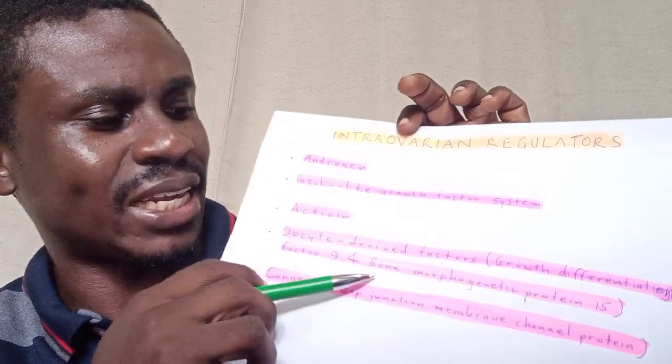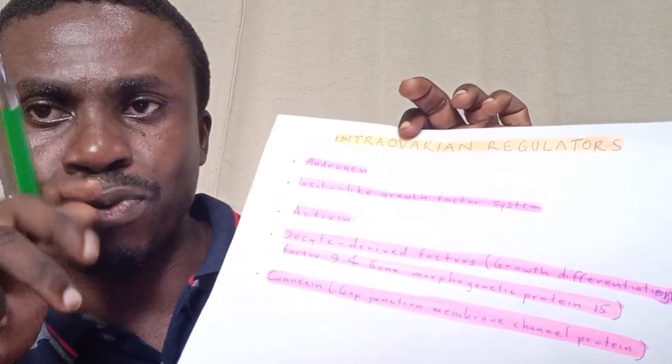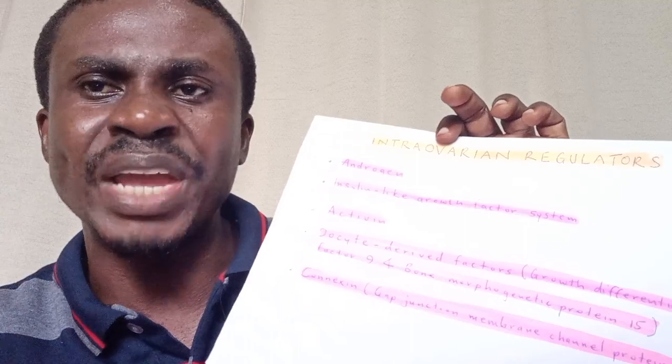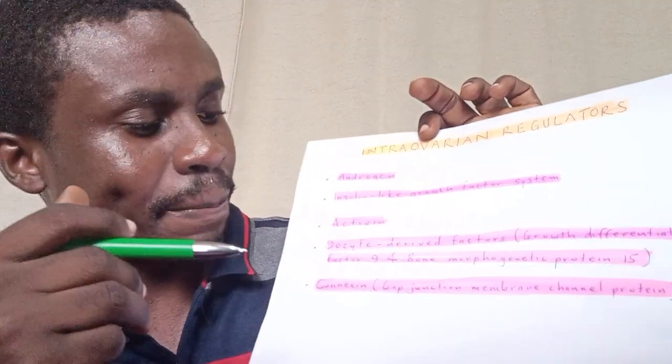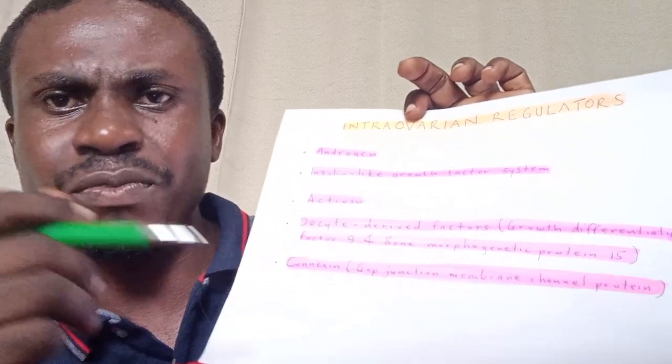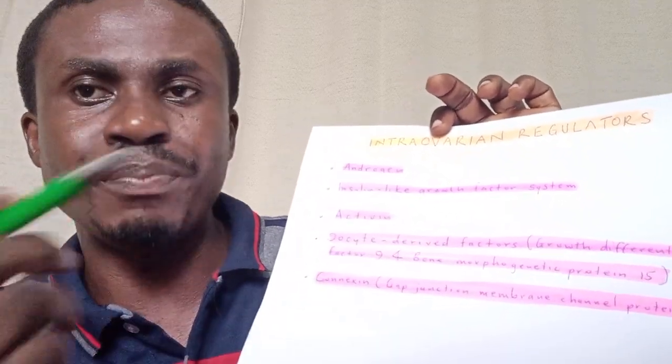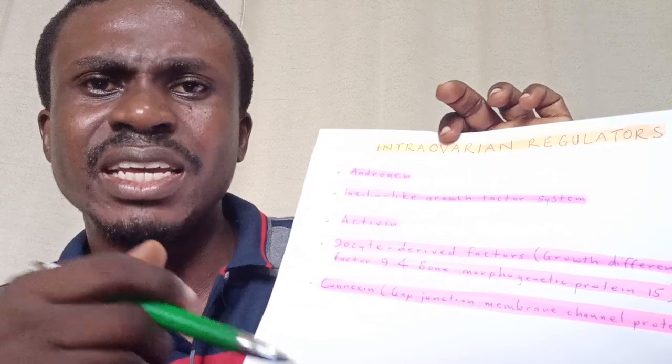But I'm also interested in the bone morphogenetic protein. Now, it's important in bone formation, but it's also relevant over here. Then, of course, connexin, which everyone knows, that is the gap junction membrane protein channel. Yes, transforming growth factor beta and what have you. They are all important local factors produced mainly by the granulosa cells and the theca interna cells, helping to regulate the whole thing.